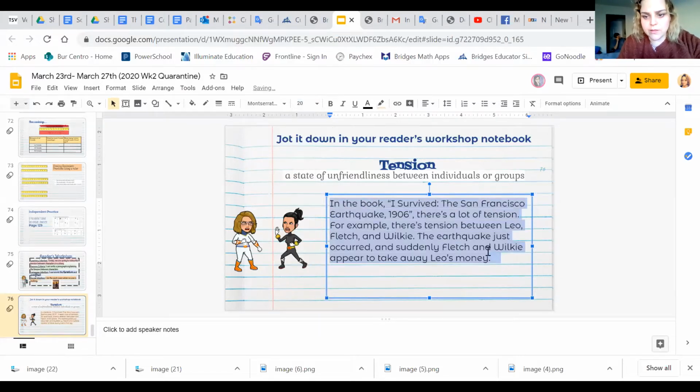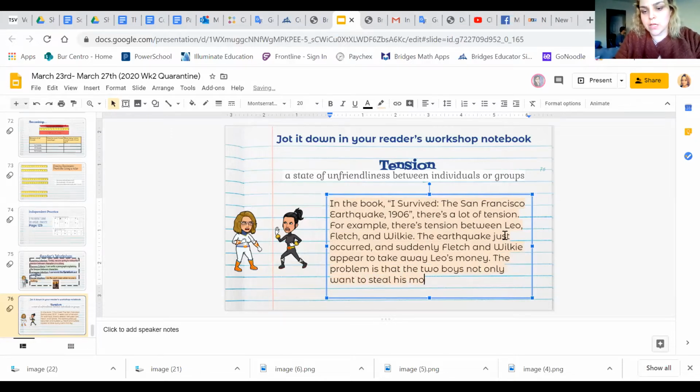The problem is that the two boys not only want to steal his money, but also the gold nugget, which carries a lot of meaning for Leo.